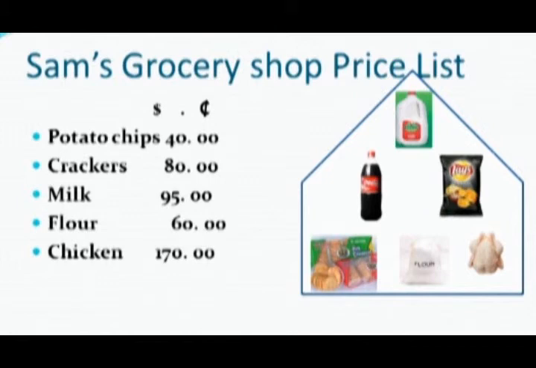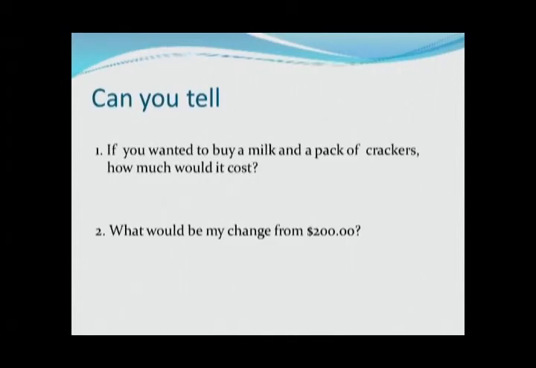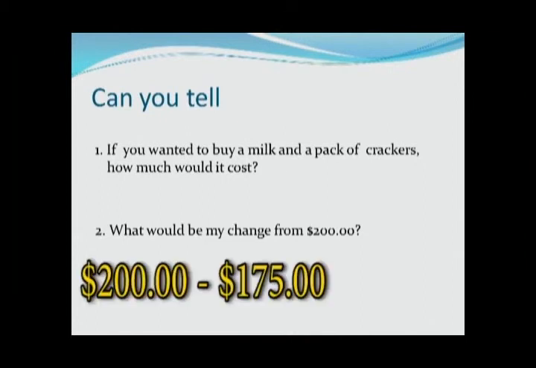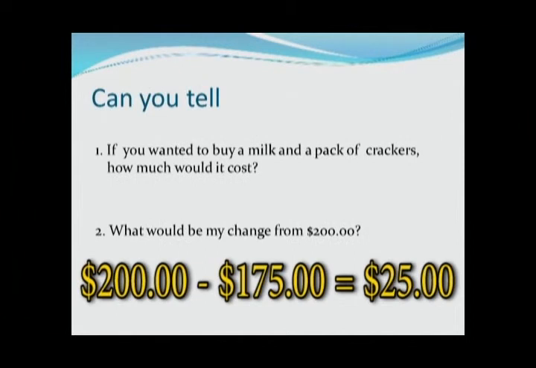If you get that answer, then you are correct. If the milk and the crackers cost $175, what would be your change from $200? Let me give you a few seconds to work that out. Very good. If you said $25, then you are correct.